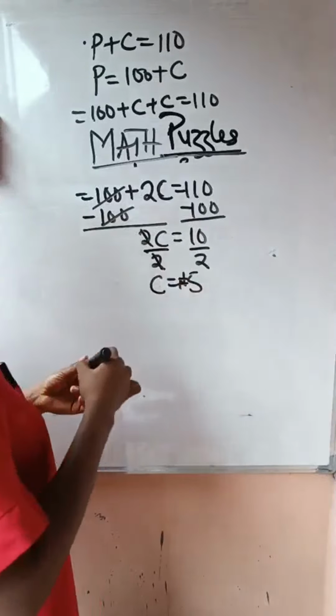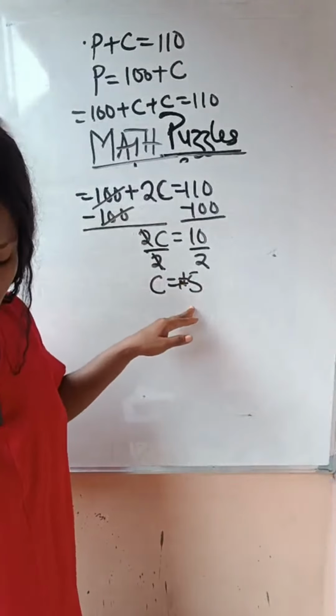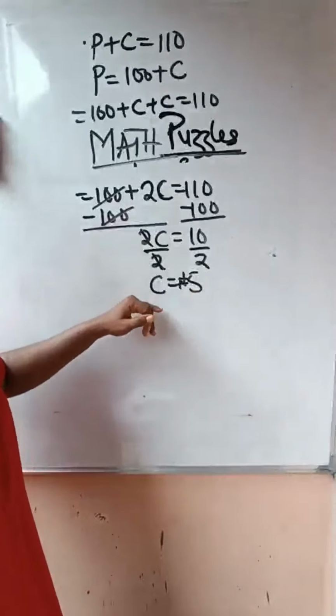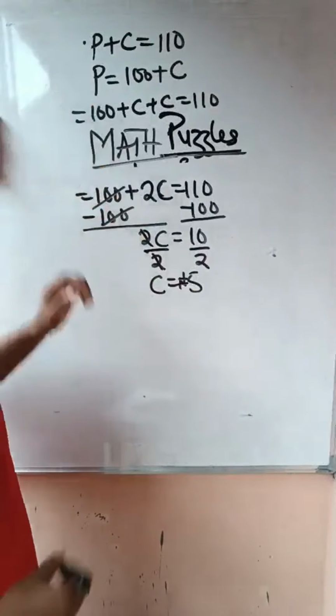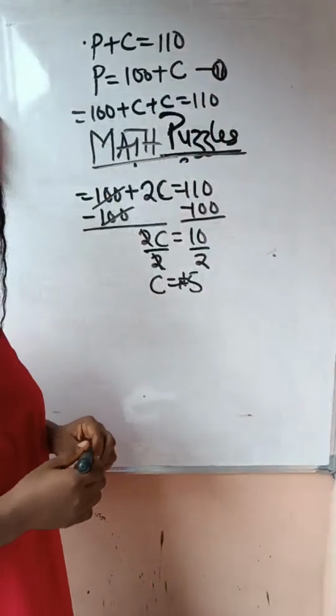So now we have the cost of the casing. But the question did not ask us for the cost of the casing. It says we should find the cost of the phone. If you come back to your equation 2, that will give you the cost of the phone.